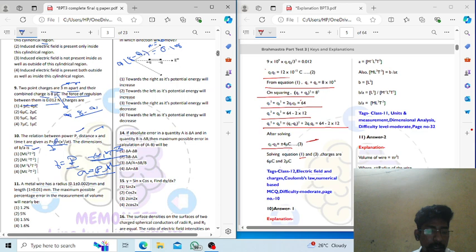The dimension of P was M L squared T to the minus 3. The L squared will cancel out, so it will become M T to the minus 3, and with the dimension of t square, it will become M T to the minus 1. After calculating all of this, what we will get? We will get the dimension of B by A will become M L squared T to the minus 2.